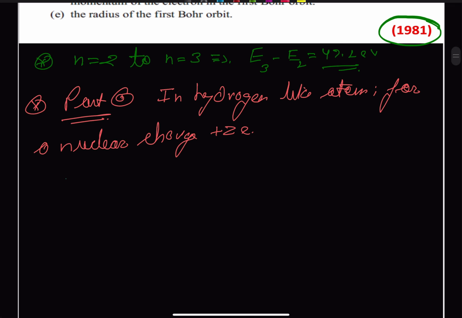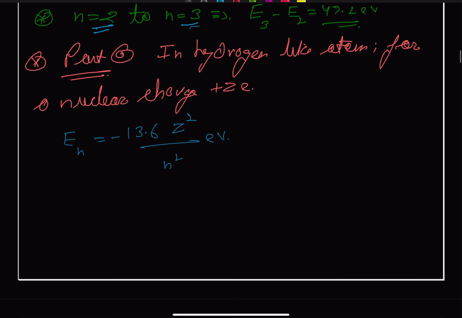We can write that E of n will be equal to minus 13.6 Z square divided by n square, and this is in electron volt. And the value of n we already know is 2 as well as 3. So we can write this equation for n is 2 and n is 3.